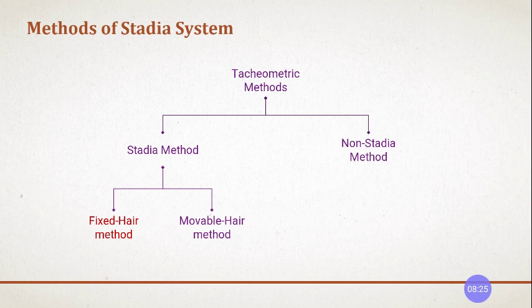In a theodolite or a tacheometer, if I is constant, then it is called the fixed hair stadia method. If you can change it, then it is called the movable hair method, right? We have only the fixed hair method.